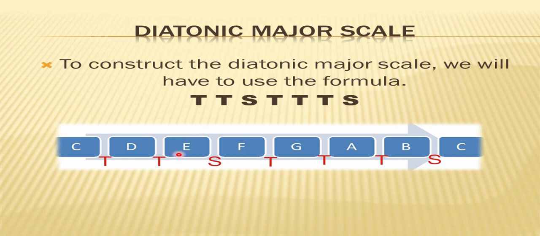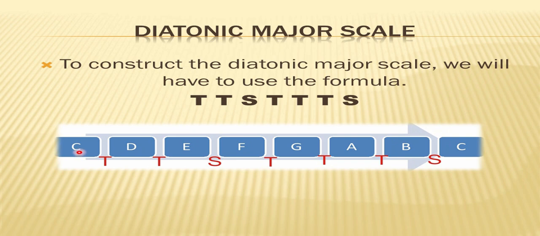So that's why from E is F. E doesn't have a sharp. Then we go to F. F has a sharp. A tone from F, you have to jump F sharp to land on G, which is a tone. G has a sharp too, so from G you have to jump G sharp to go to A. A also has a sharp, so you have to jump A sharp to go to B. But B doesn't have a sharp, so a semitone from B, one step from B, will just go directly to C. In other words, we are going through the scale of C major.